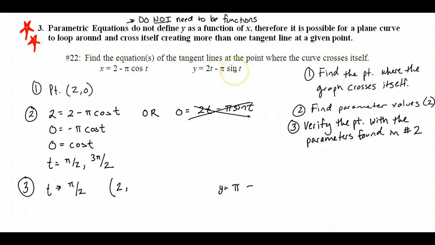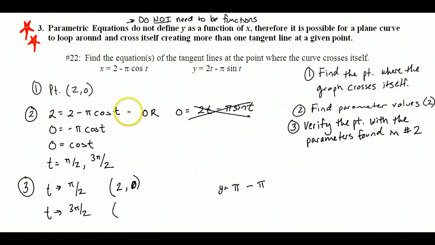Well, sine pi over 2 is equivalent to 1. 1 times pi, obviously, is pi. Pi minus pi will be 0. So yes, when t is equal to pi over 2, I get that point 2, 0, which is where the graph crosses. I also have to verify that 3 pi over 2 works.